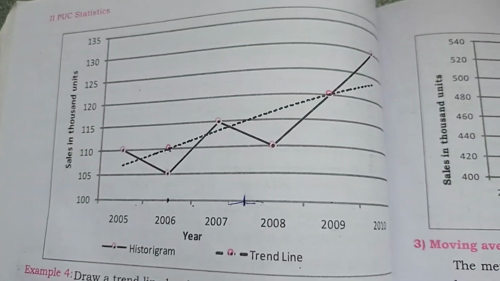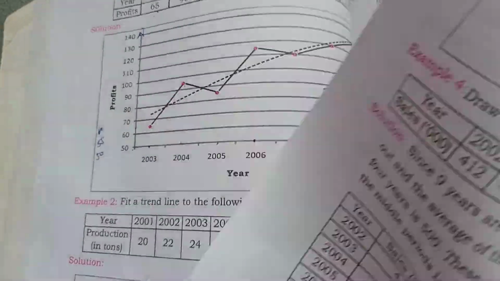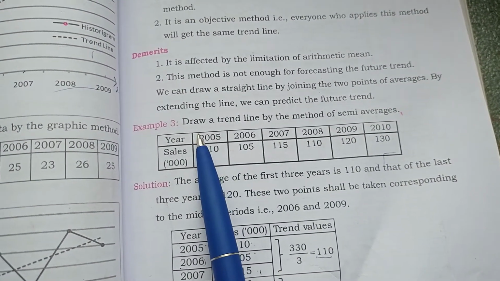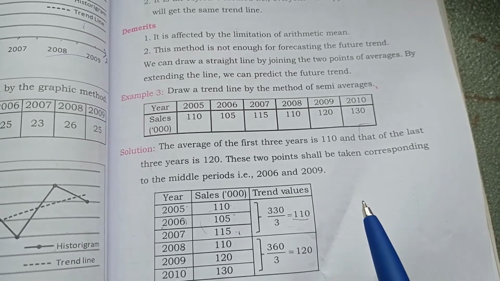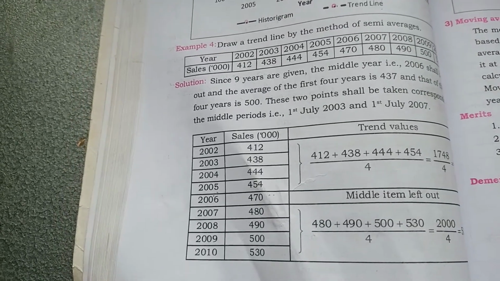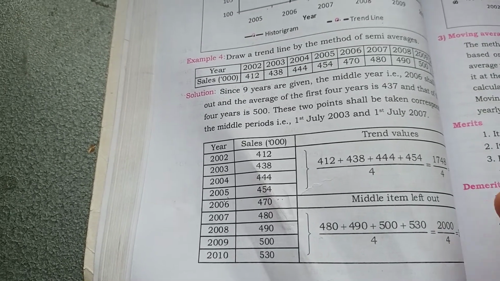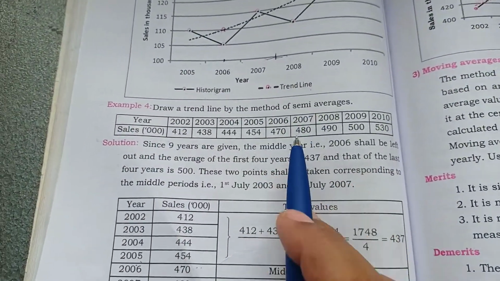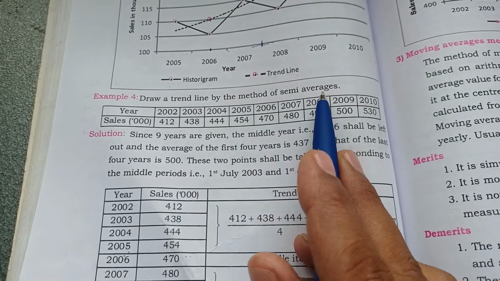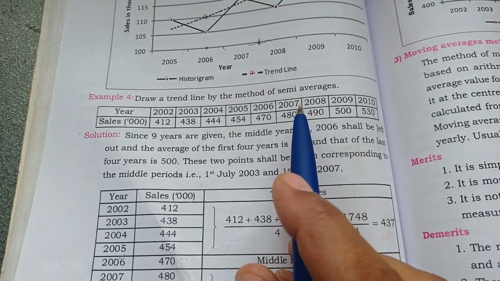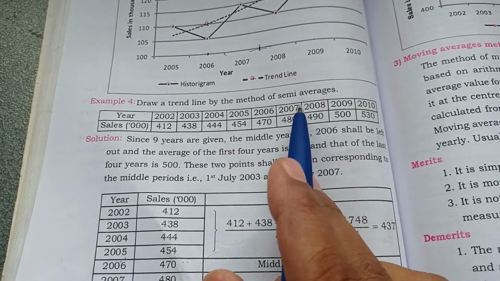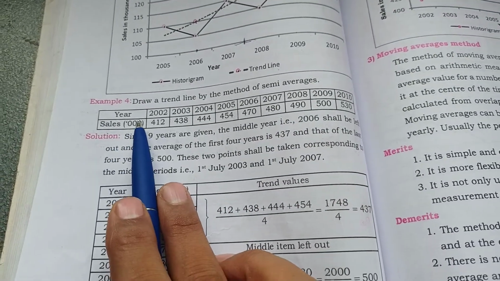This is the problem based on the semi-average method. Now we will discuss one more problem on the semi-average method: draw the trend line by the method of semi-average. Here is the problem they have given.